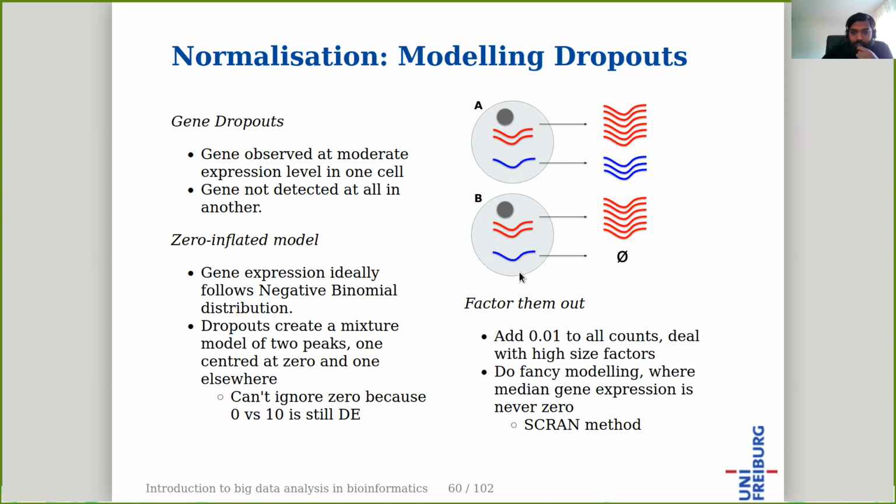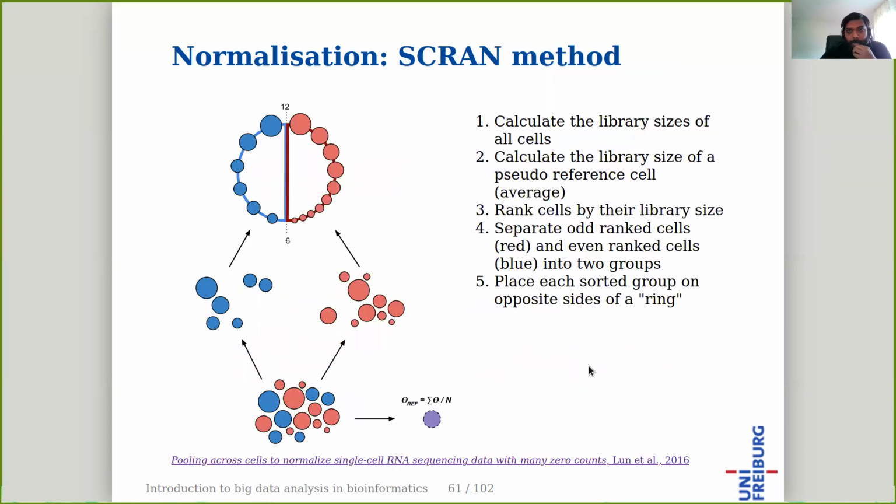That's why there are different methods developed especially for single cell RNA sequencing. scran is one of these methods that does really fancy modeling to normalize single cell RNA sequencing data. Let's look at this method. First, it takes all the cells and computes a library size for each cell.